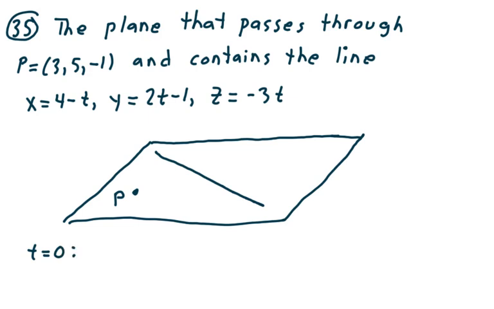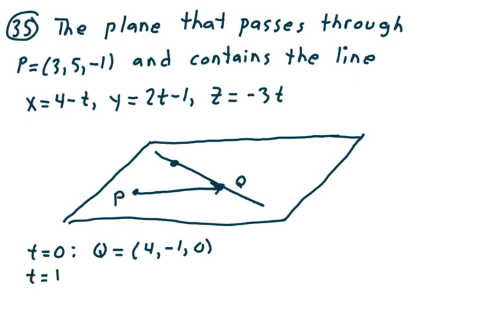If I let t equal 0, we'll call this point Q. So Q will equal the point (4, -1, 0). So we'll put Q here. So this is the point Q, and I'm going to form the vector PQ, by the way.